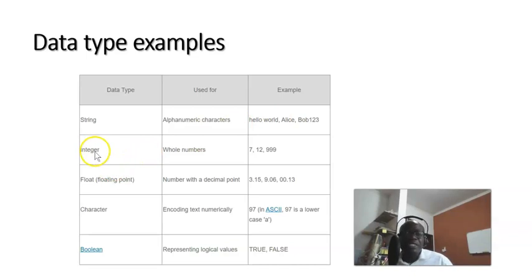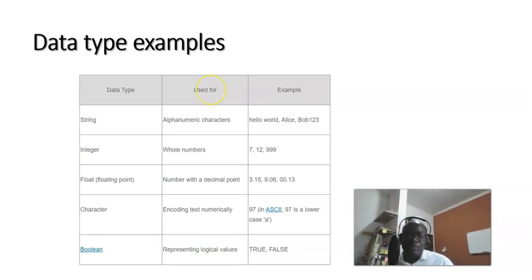Now, integer, these are whole numbers. Okay, 7, 12, 999, 1000, and all that. Then there's float, or what you call floating point. So these are numbers with a decimal point, like shown in the example there, 3.159, 0.06, and so on and so forth. Then there's also a character.